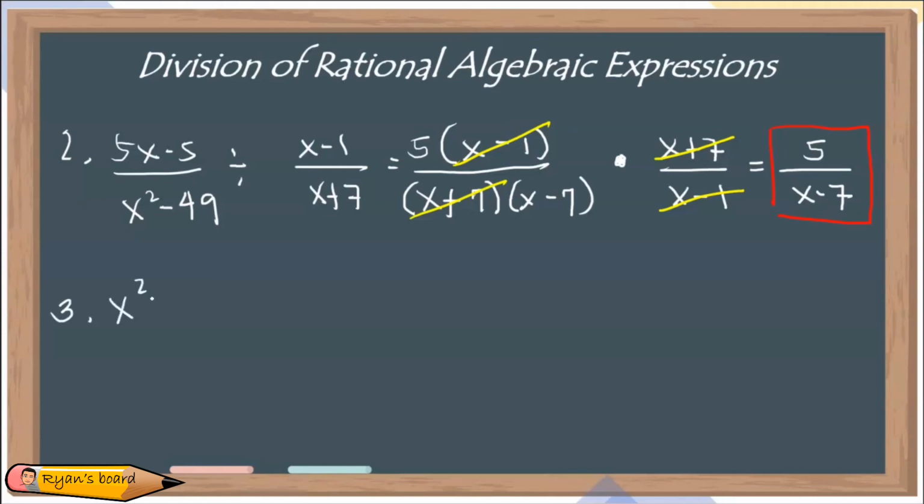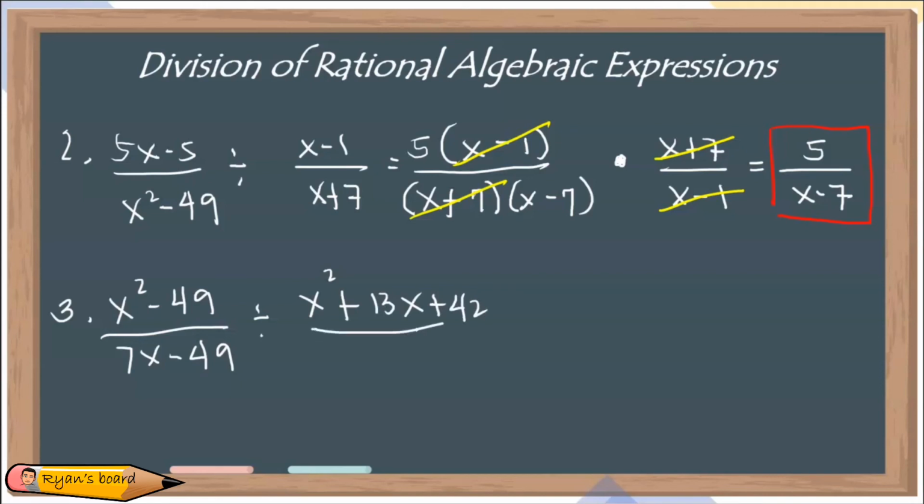Let's say x squared minus 49 over 7x minus 49 divided by x squared plus 13x plus 42 over x cubed plus 6x squared.